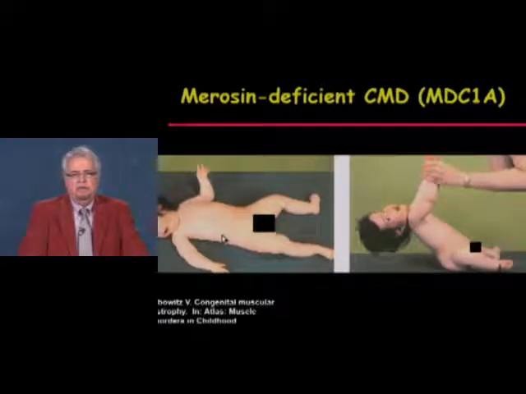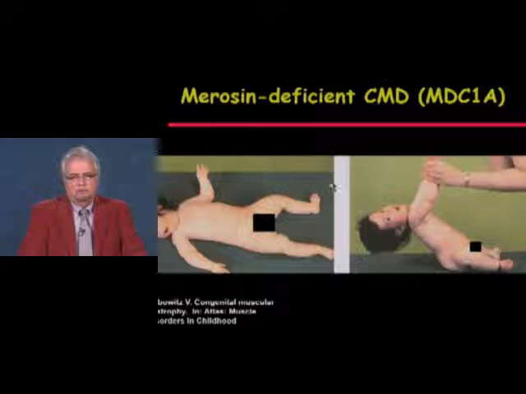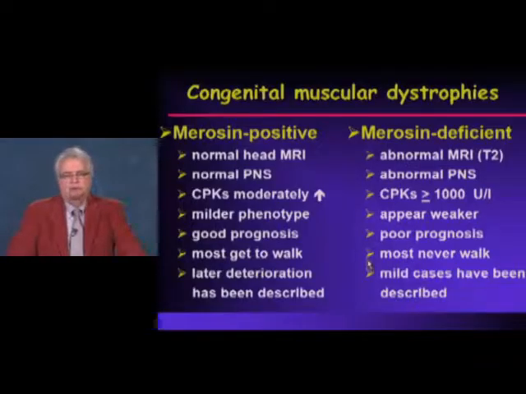This is a child who has merosin deficient congenital muscular dystrophy. You can see that he has this presentation of a flappy infant with an almost frog-leg position and significant head lag upon arm traction, as happens in babies who have significant hypotonia.